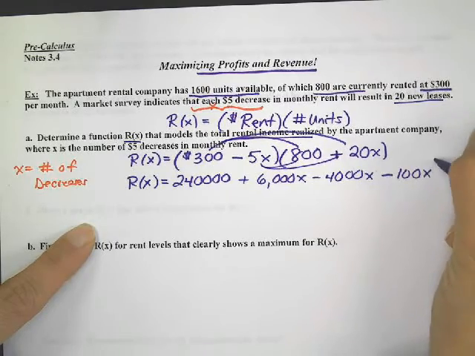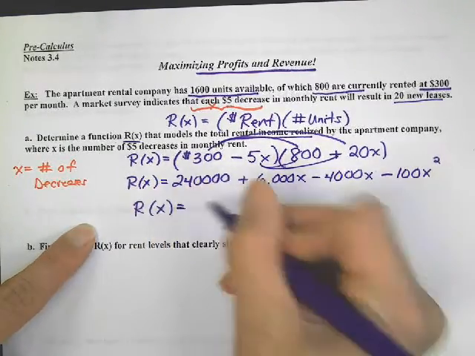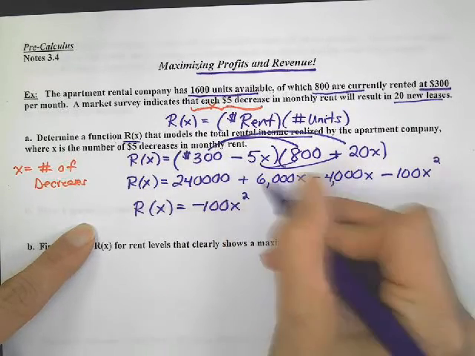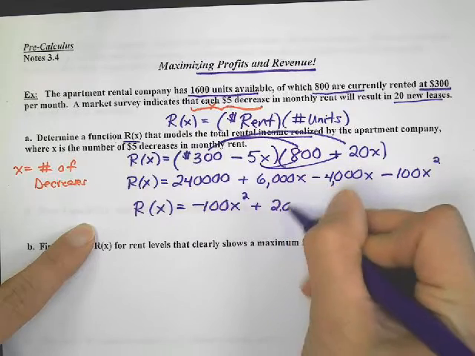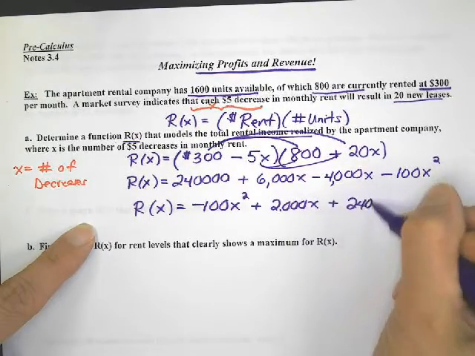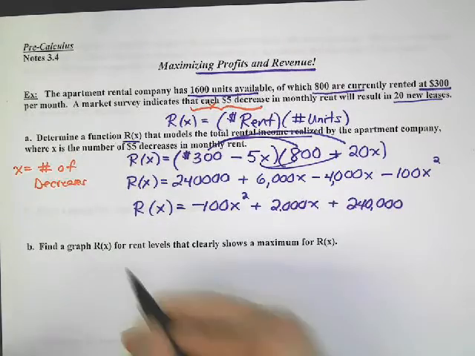That's negative 100x squared. So if I write this in descending order, negative 100x squared plus 2,000x plus $240,000. Okay, let's go ahead and draw our graph, R of X.